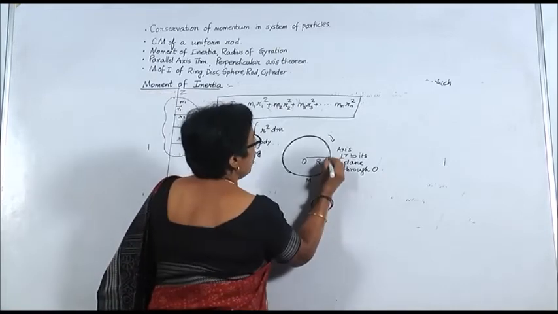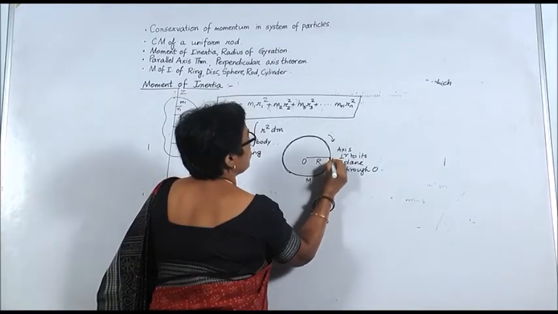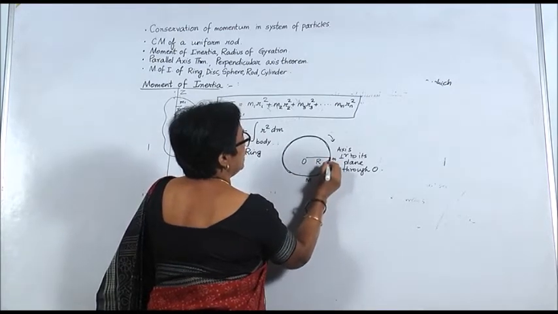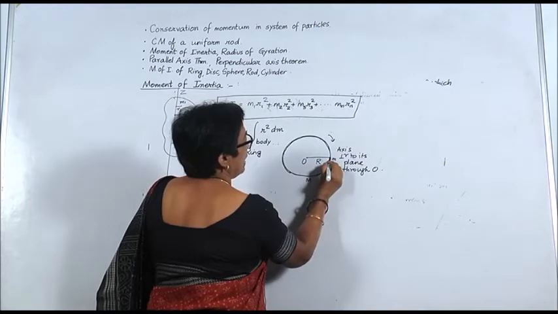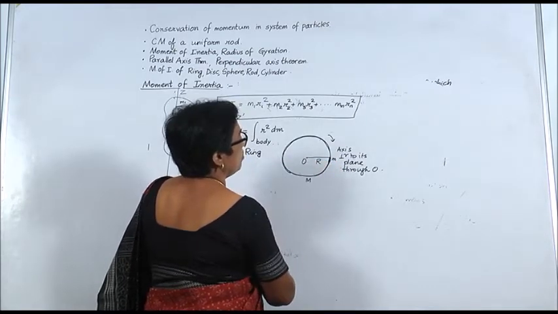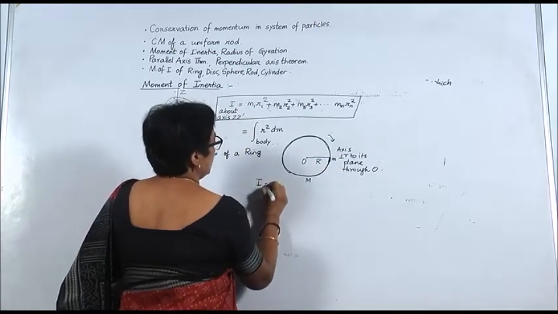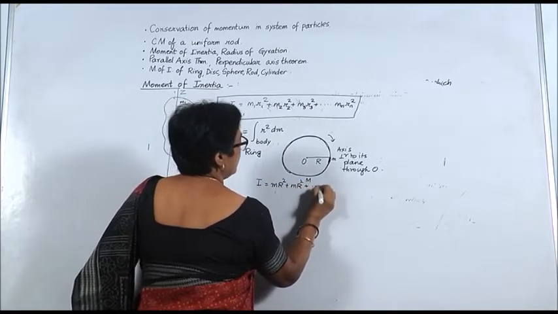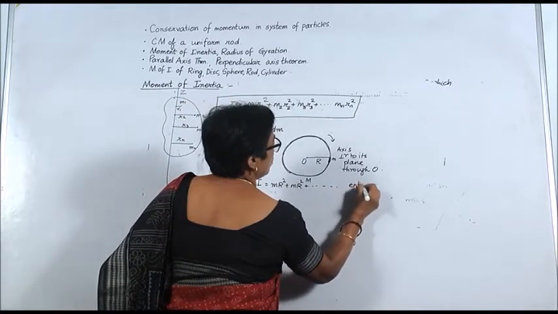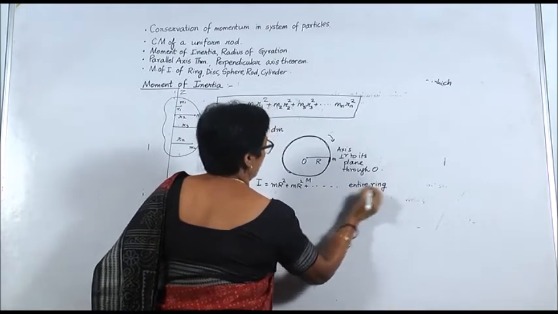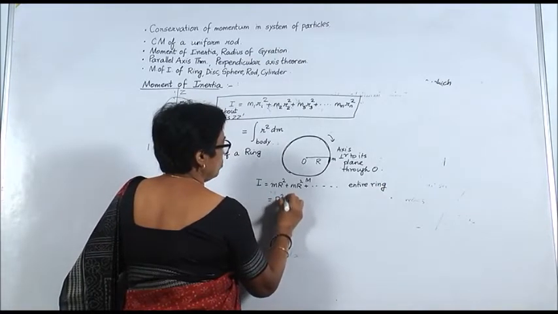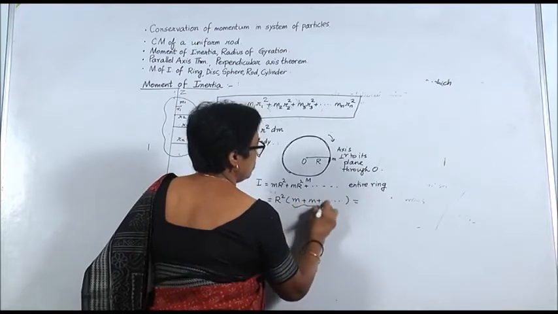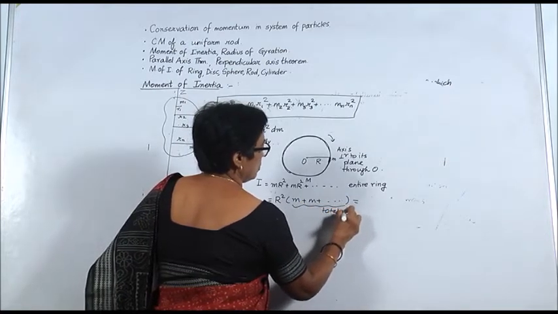Now, let me take a small mass delta m, it is at a distance r, another m, it is also at a distance of r, another m, that is also at a distance of r, then the moment of inertia will be m r square plus m r square plus so on for the entire ring. So, if I take r square out and all the masses are added up, that is nothing but the total mass.